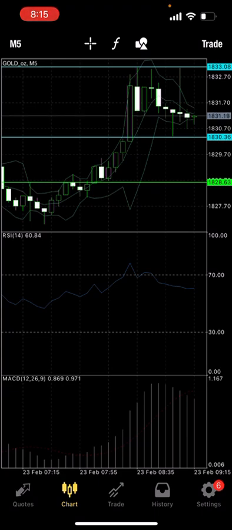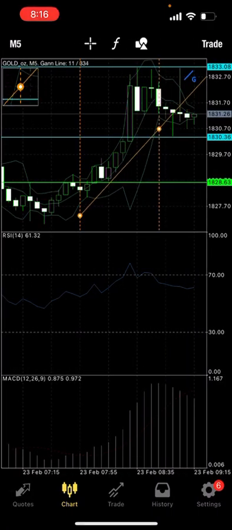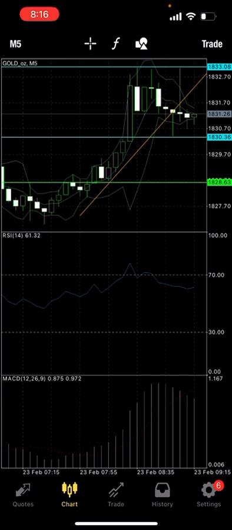So if you wake up and you see that the price has rallied up to the upside, everything you have to think about is that this 5 minutes is going to come down.